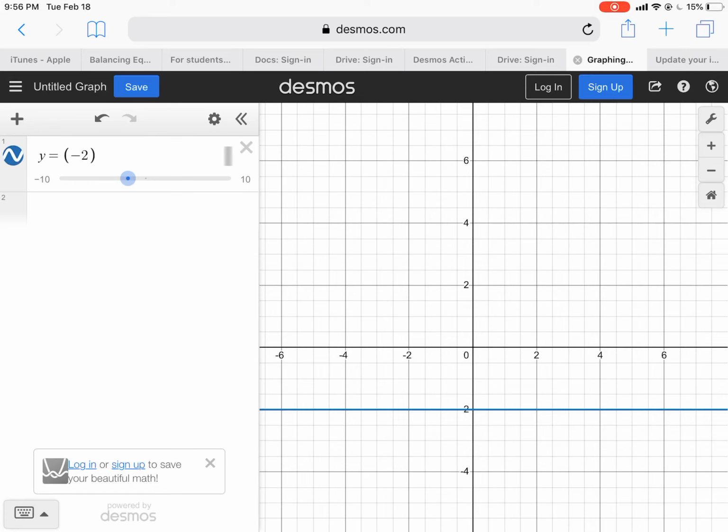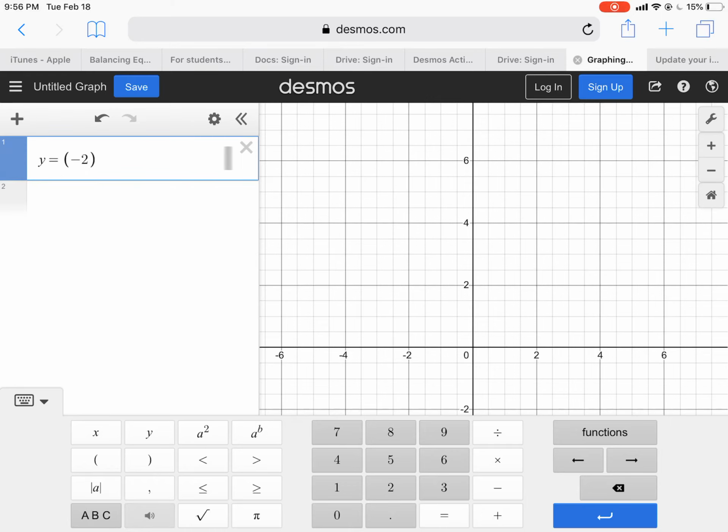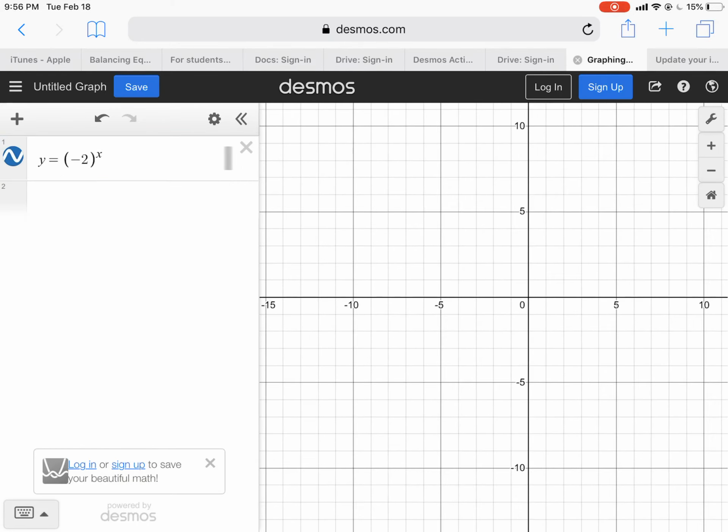I want you to think about the value that you get every time. What is -2 to the first? What is -2 squared? What is -2 cubed? Then let's look at the graph and see if that makes sense to you. So we're going to put in an x there, and I want the graph of it.